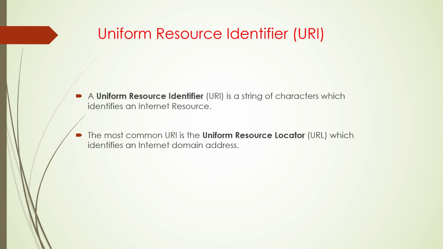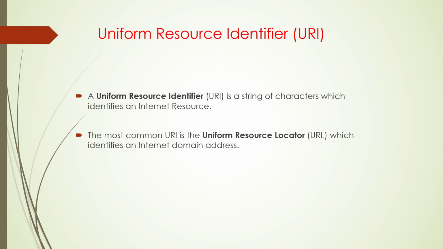The uniform resource identifier is a string of characters which identifies a resource on the internet, whereas the uniform resource locator is a type of URI which is used to identify an internet domain address. So let's say there's a file on the internet somewhere. It's a text file, it's not an HTML file.